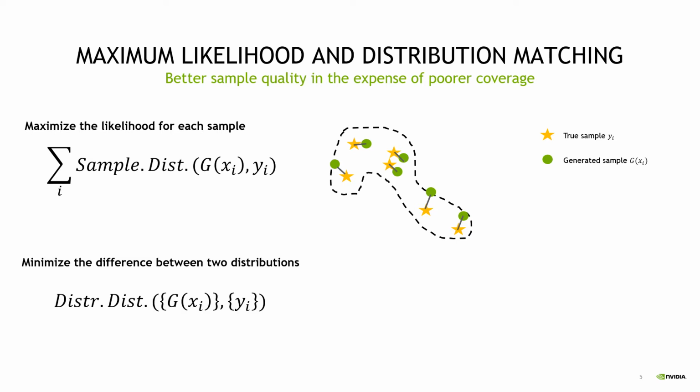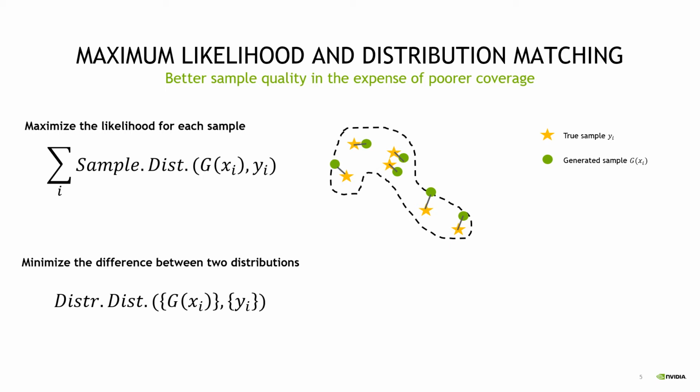Distribution matching is different in the sense that it cares more about the population level. You want to minimize the distance between two distributions. Let's say we have some way to measure the distance between two distributions. It can be the Jensen-Shannon divergence, chi-square distance, whatever measures you know.